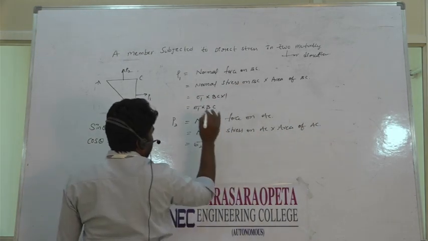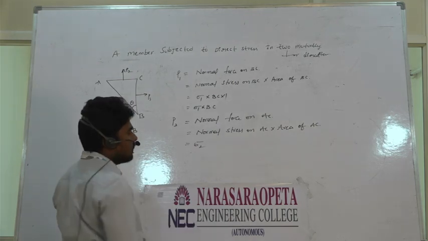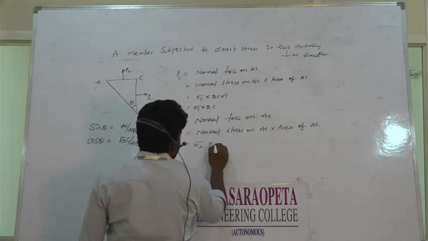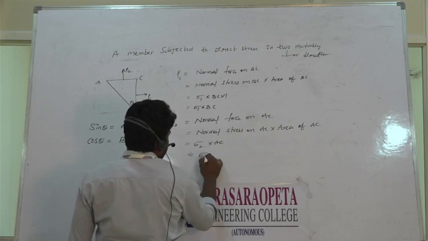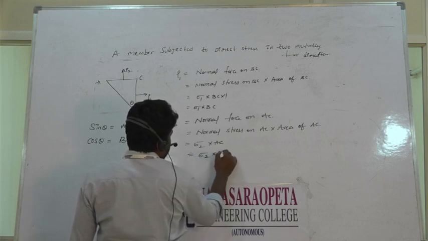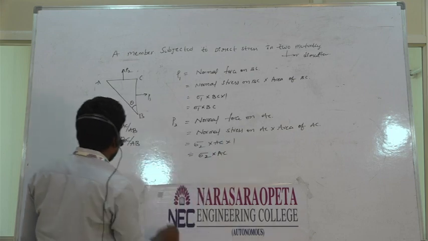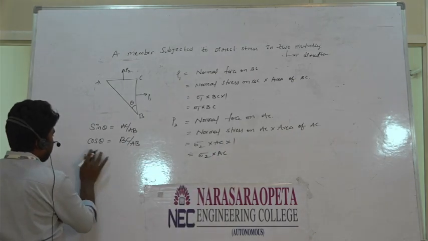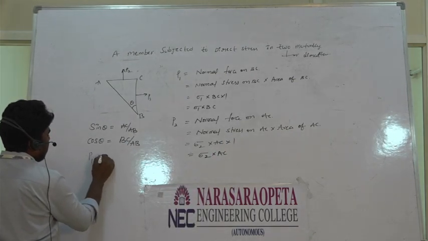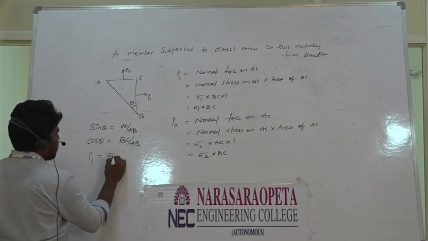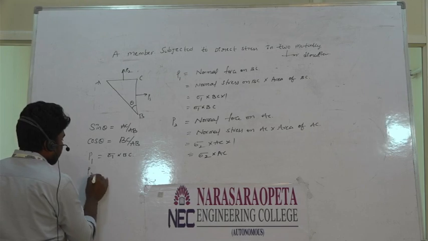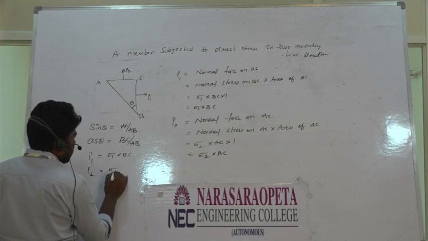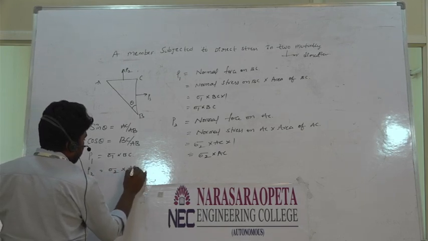Normal stress on AC represents sigma 2 into AC. So finally sigma 2 into AC. So P1 equal to sigma 1 into BC, and P2 equal to sigma 2 into AC.